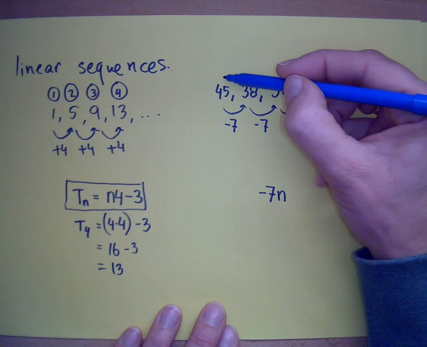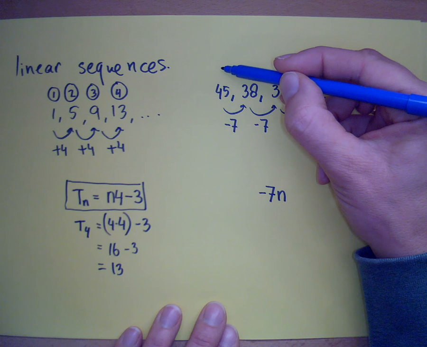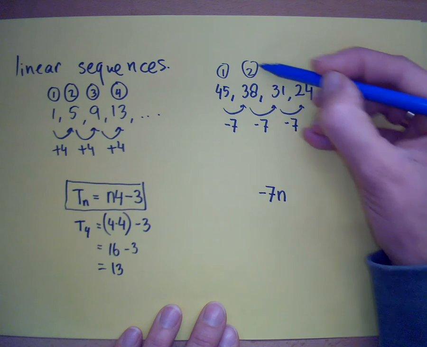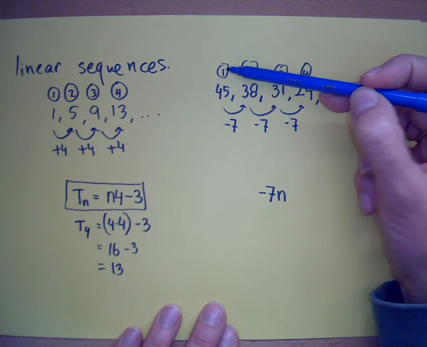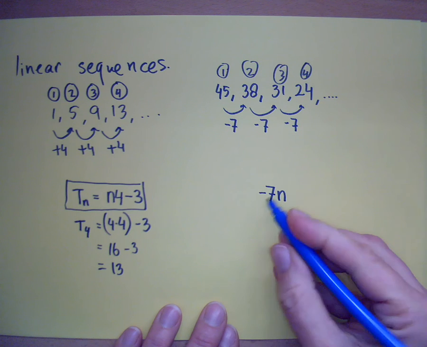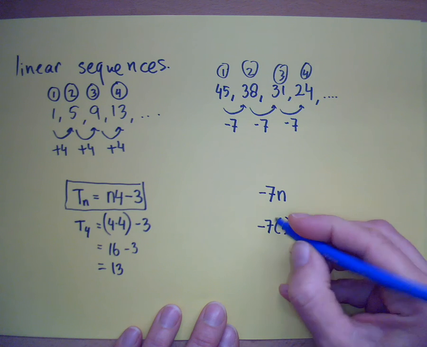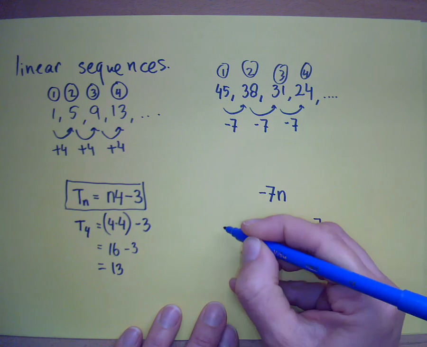Now, this is the first term, second term, third term, fourth term. If we plug in 1 for n, negative 7 times 1, that would be negative 7.